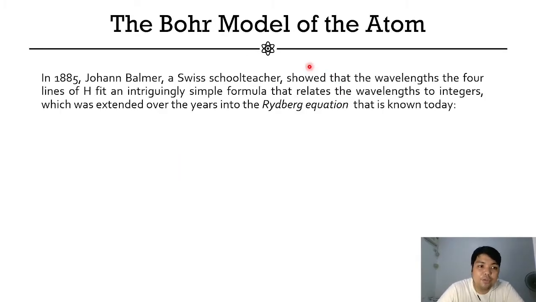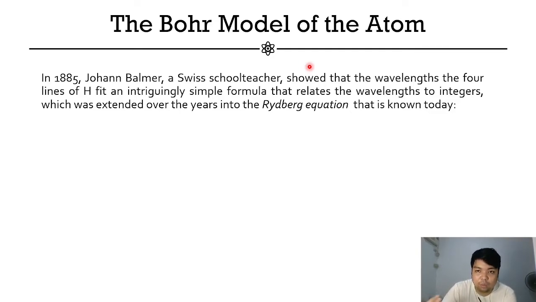In 1885, a Swiss school teacher, Johann Balmer, showed that the wavelengths of the 4 lines of hydrogen fit an intriguingly simple formula, which relates the wavelengths of those emitted light in the line spectrum to two whole number integers.